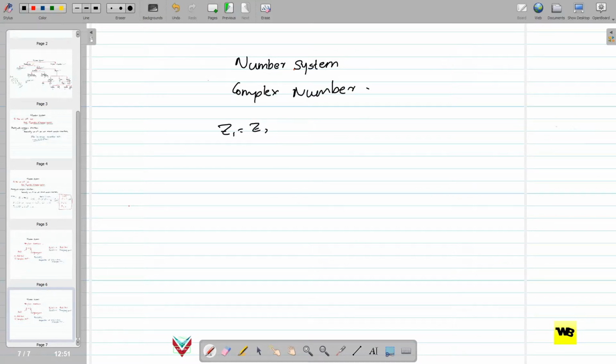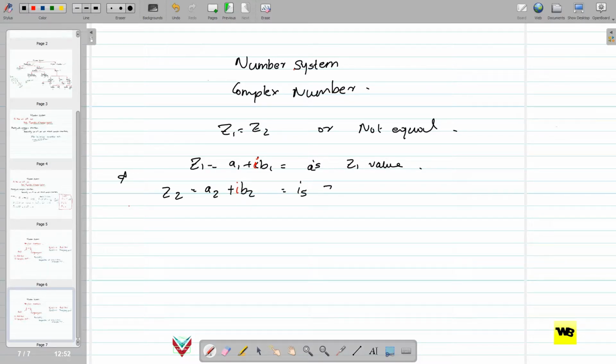Z1 equals Z2 or not equal, means Z1 equals A1 plus i B1 is the Z1 value, and Z2 equals A2 plus i B2 is the Z2 value.